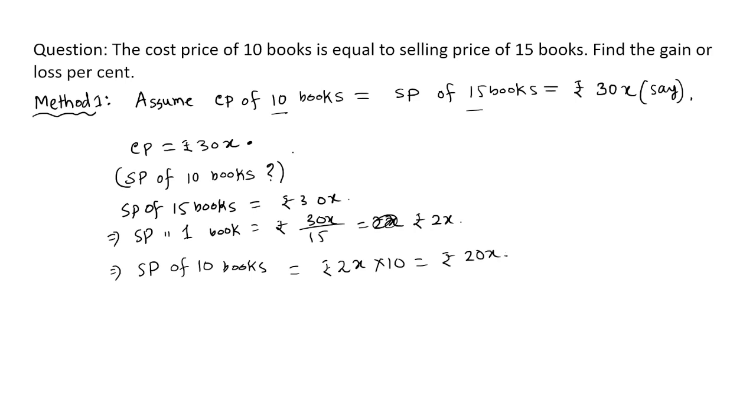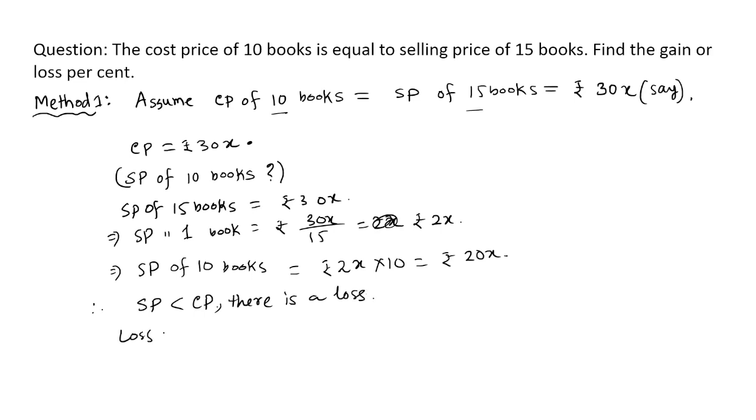Now you see, he has bought 10 books at rupees 30x and he sold all the 10 books at 20x. So here you can see SP is less than CP, therefore there is a loss. So how much loss?